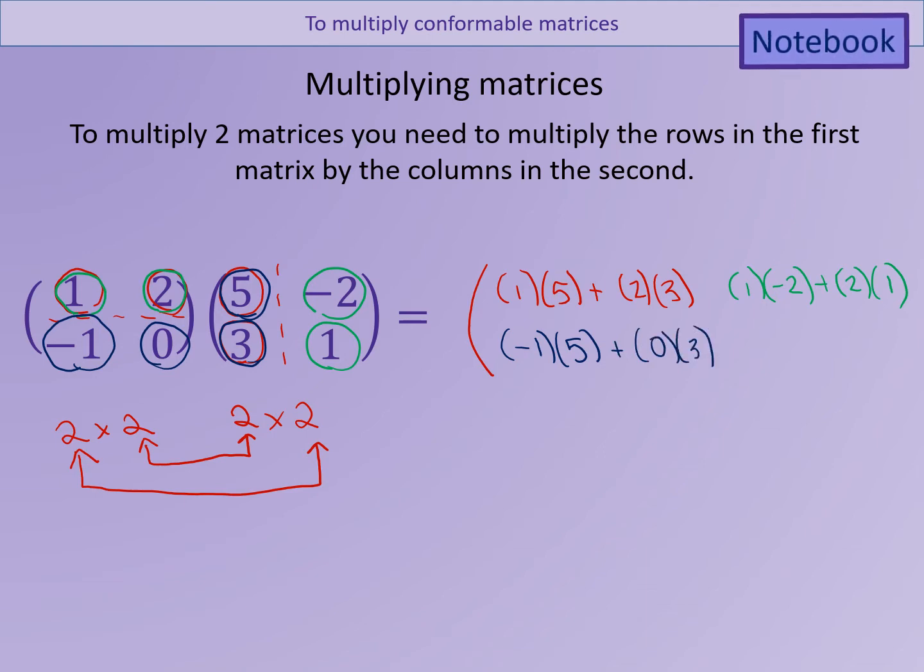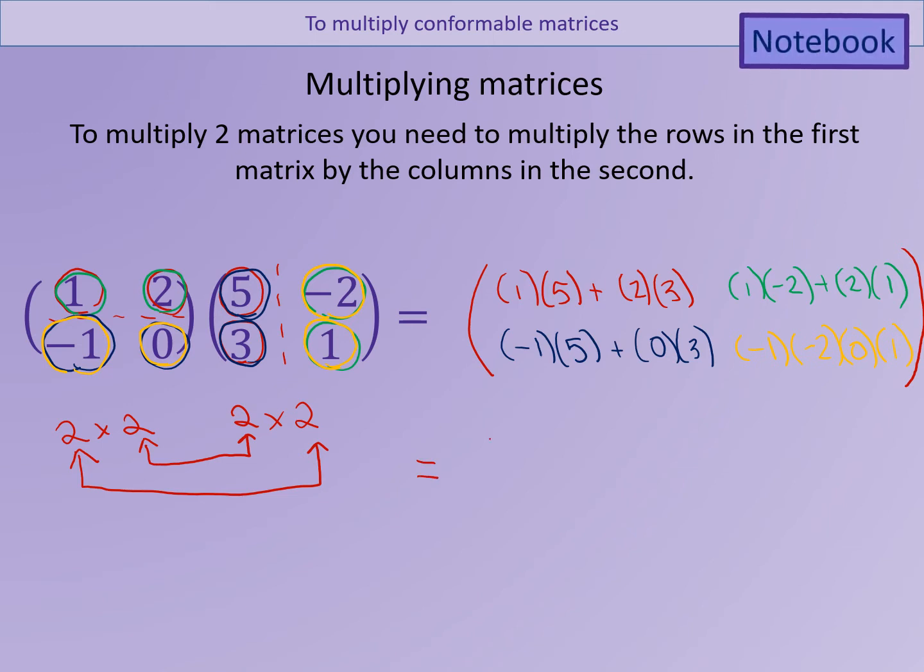And then finally, we're going to multiply minus 1 by minus 2 and 0 by 1. Minus 1 multiplied by minus 2 and 0 multiplied by 1. Let's close the bracket on that matrix and then we'll work out the solution.